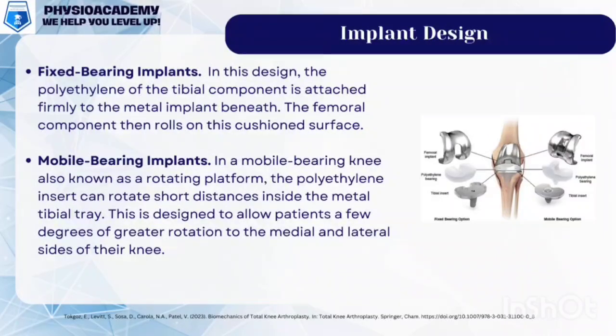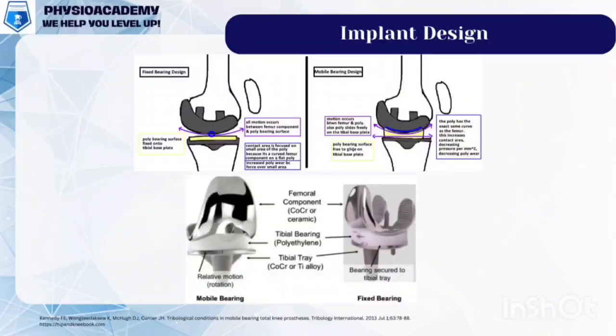But they are fixed and the motion will be limited or restricted. In mobile bearing implants, there is a rotating platform. The polyethylene component will have a curved surface, and this surface will allow a better range during knee motion. Let us understand it with the help of a diagram.